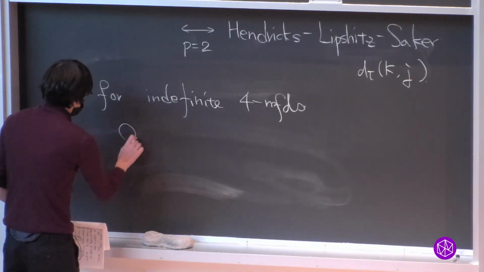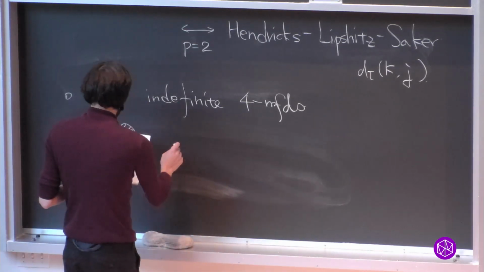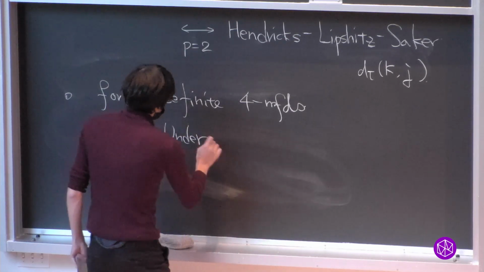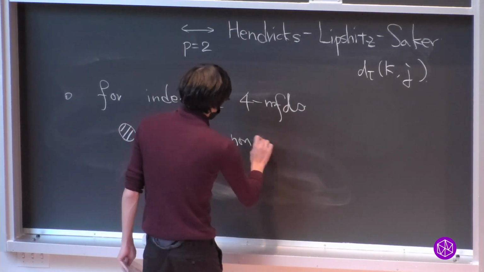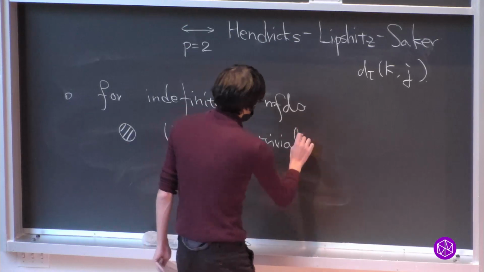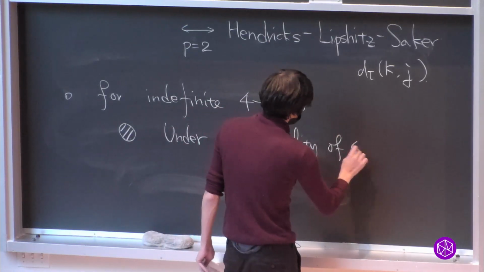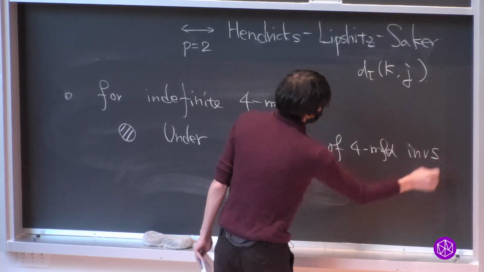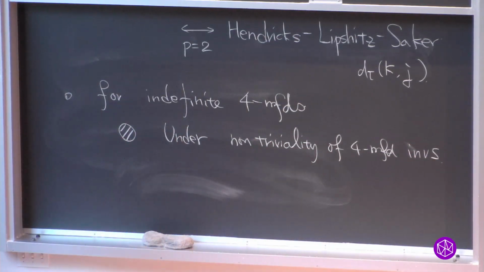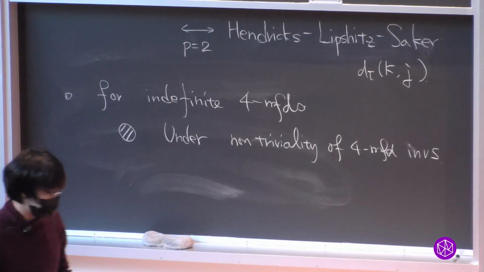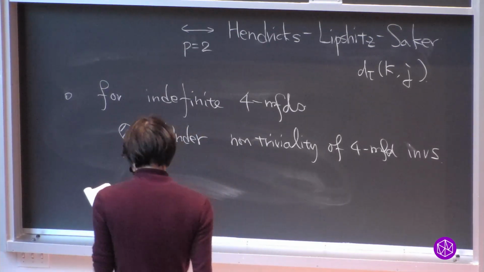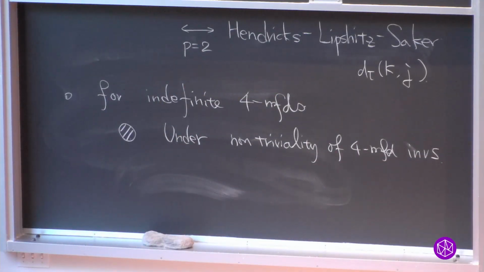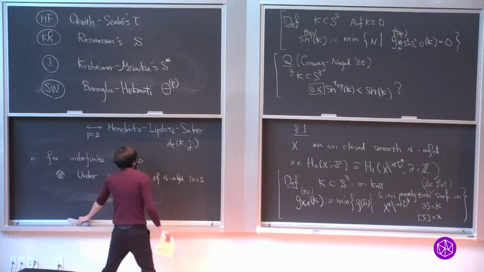And one is under the condition of non-triviality of four-manifold invariants, like the mixed invariant, the Seiberg-Witten invariant, or the Bauer–Furuta invariant. So let me review such kind of work.